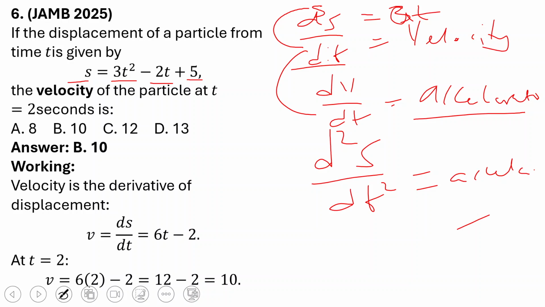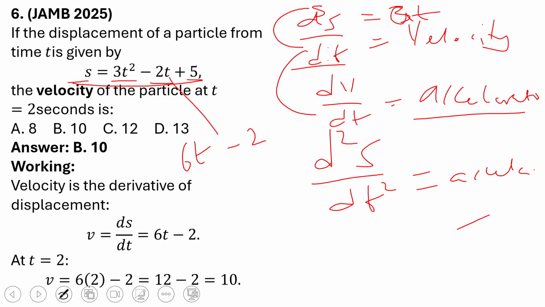But for this case, I'm asked to find velocity, so I'll differentiate this one first. The differential of 3t squared: when I multiply 2 by 3, I get 6t, minus 2. So this is the differential.